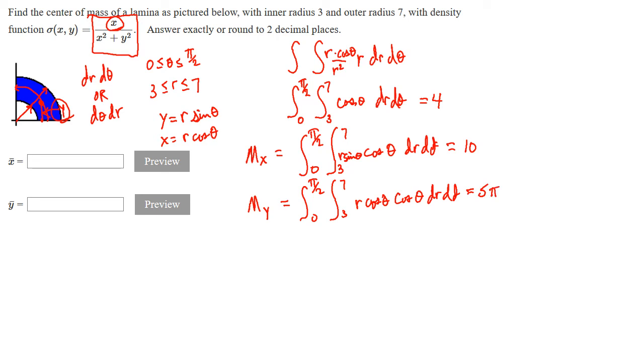And so now we're ready for our center of mass. Now again, to keep these straight, you can always go back and look at your picture and think about how we developed these. The x coordinate for the center of mass needs to involve the x distance, which happens to be the m sub y.